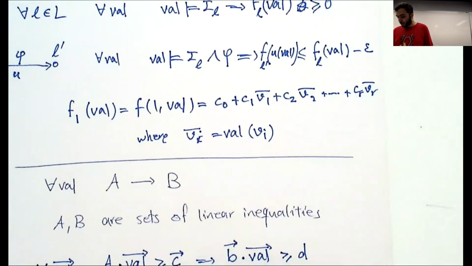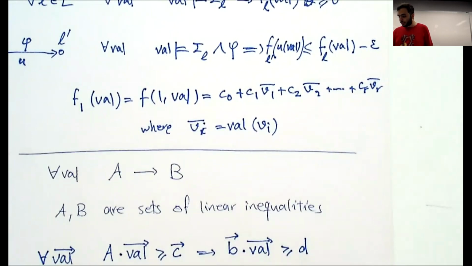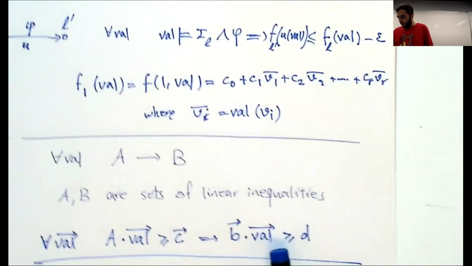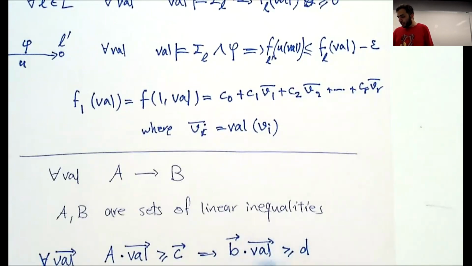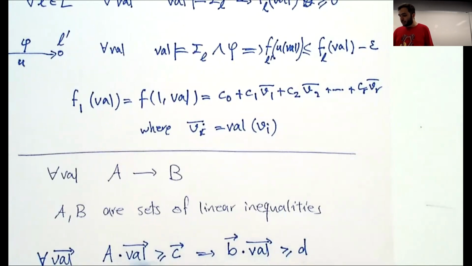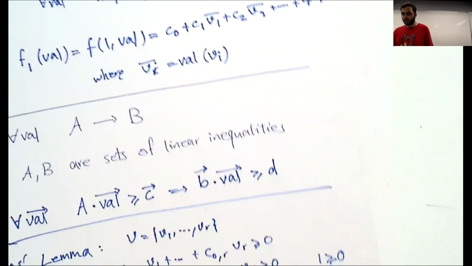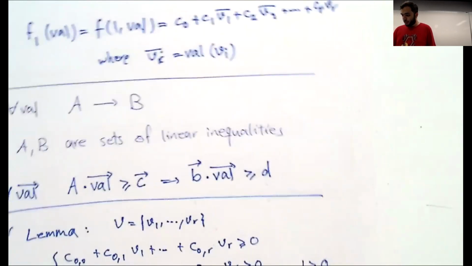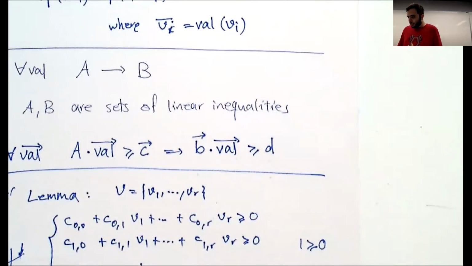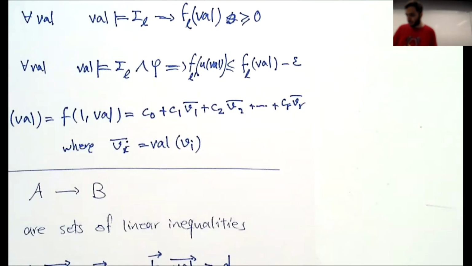I didn't know how to solve this, but Farkas lemma says that I can solve this if and only if the inequality on the right-hand side is a non-negative combination of the inequalities on the left-hand side and also the trivial inequality. So based on this, I will get a sound and complete algorithm, but that's something that we will consider in the next session.